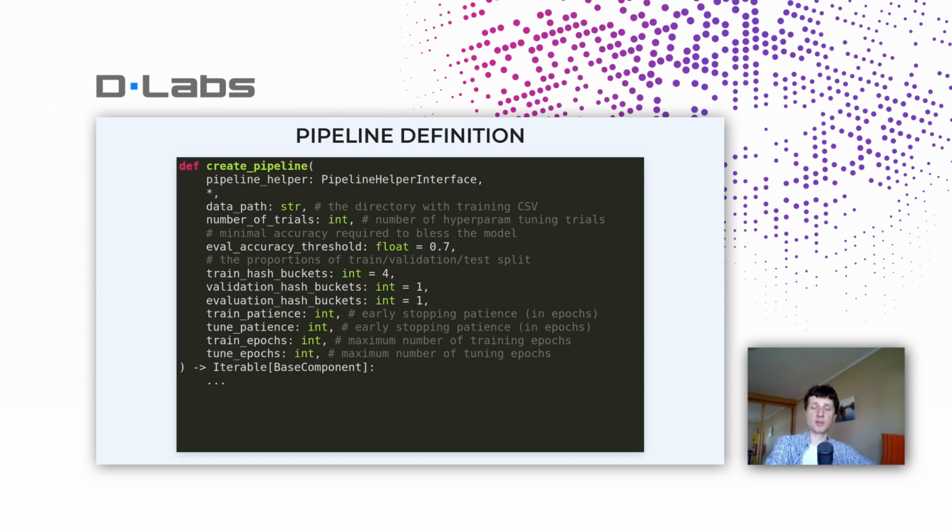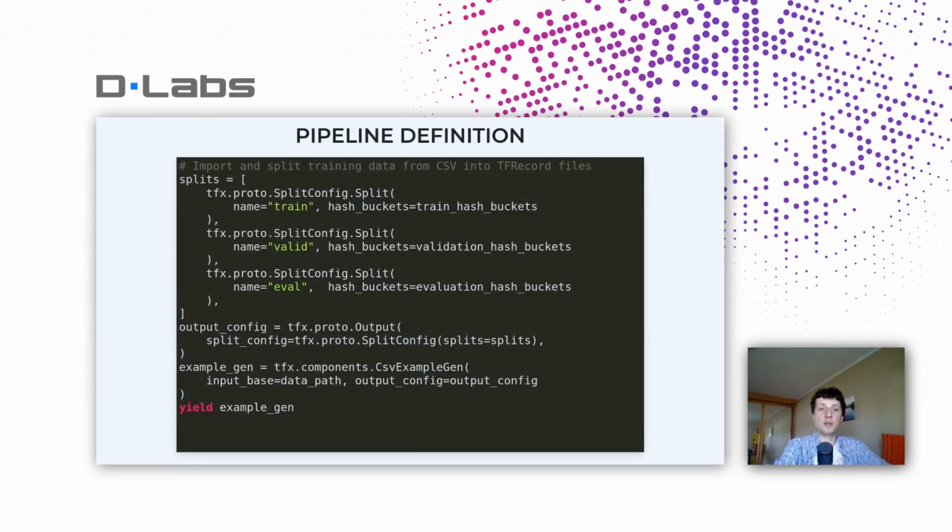For those components that have multiple versions, of course. And the rest of the parameters are totally up to you. Usually you will probably have there some path to the training dataset. You might configure there some expected thresholds for accuracy or other metrics, maybe the proportions of the training, validation and test splits, some other configuration as well.